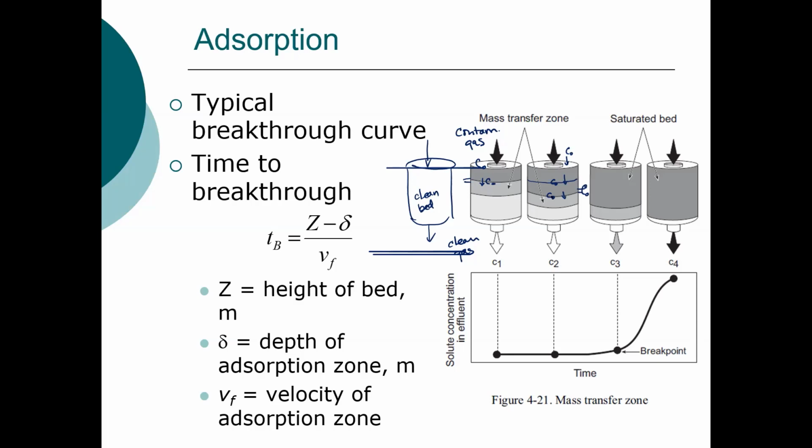And further, again, at this point here, if I measure the concentration, it would be what? It's C naught. And eventually, we've exhausted that entire bed of carbon, and the concentration leaving is C naught. So we get no further removal in that carbon bed.